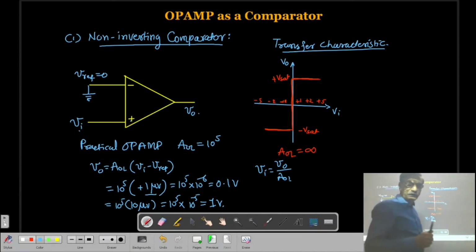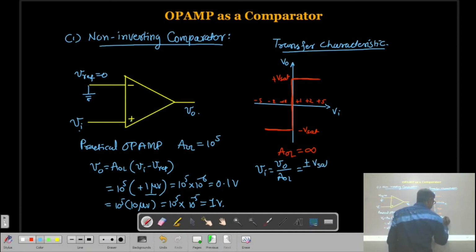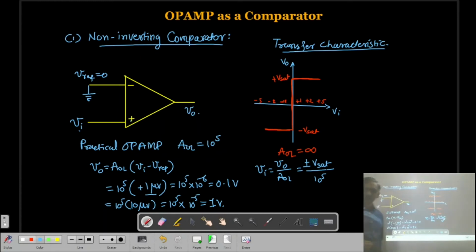For what value of the input voltage the op-amp will be in saturation. So either it will be in positive saturation or negative saturation. So we write plus or minus V saturation divided by the open loop gain. Let us say it is 10 to 5.